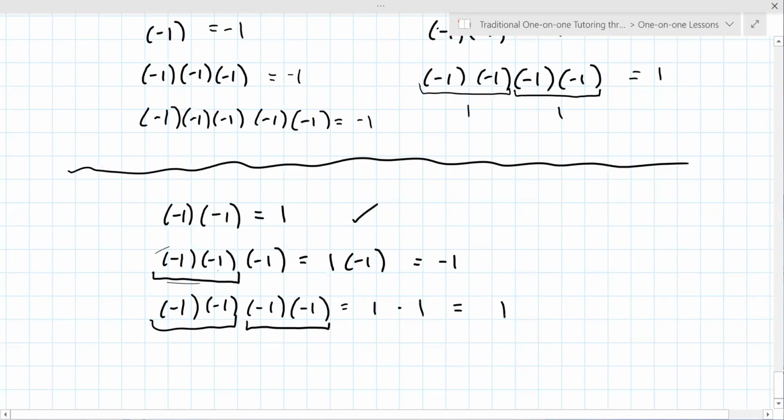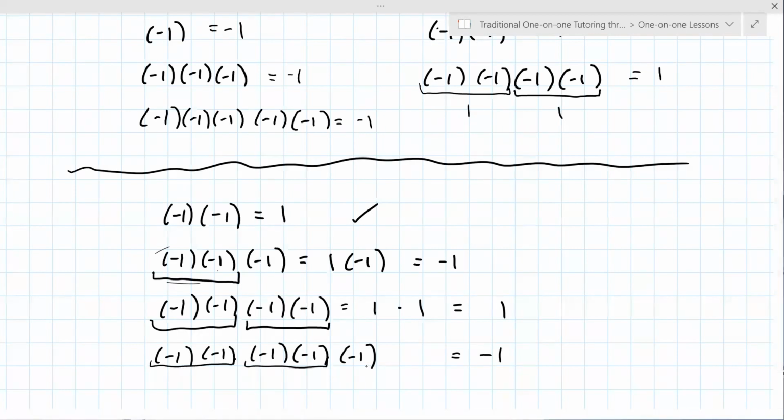Now let's try it again. -1 times -1 times -1 times -1 times -1. It's -1. I mean, it's +1. Well, you said the right answer first because this is 1, this is 1, and then that's the one that makes a negative. That's what I was thinking, and then I said it, and then for some reason I wanted to switch my mind.